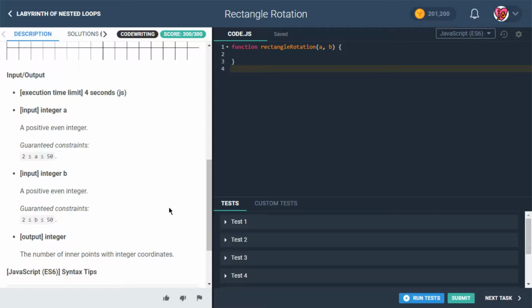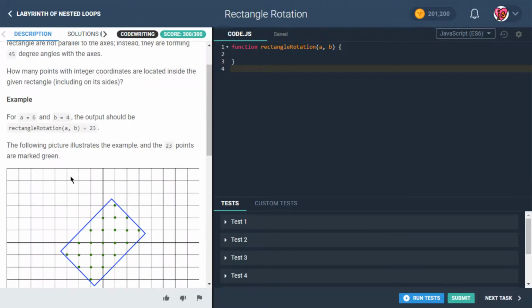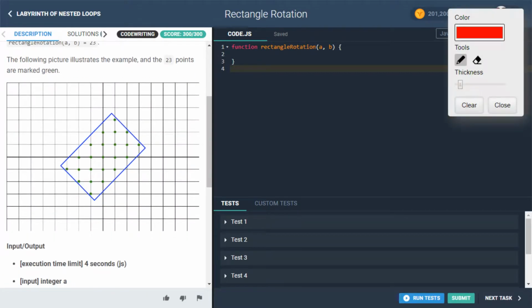And it's maybe even less than we might think in terms of the number of cases here, because if you think about it, it doesn't really matter whether we orient the rectangle the way it is currently, or if we were to orient it more this way. It wouldn't make a difference in terms of the number of dots that are going to be enclosed. I realize this isn't a very good drawing.